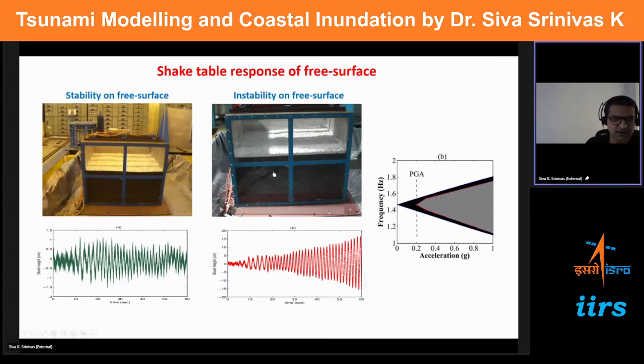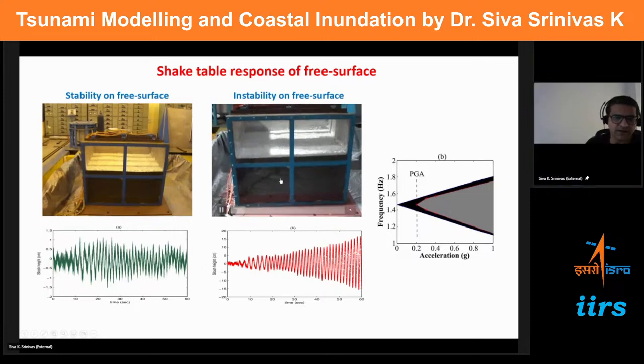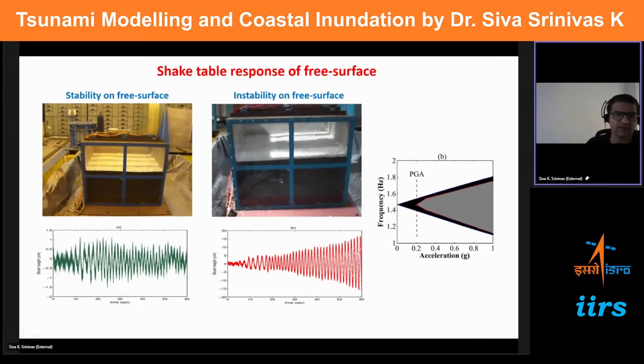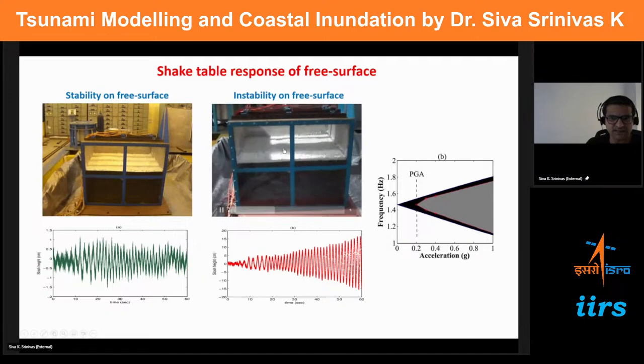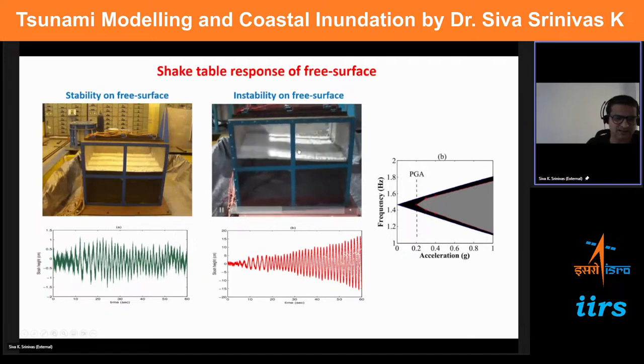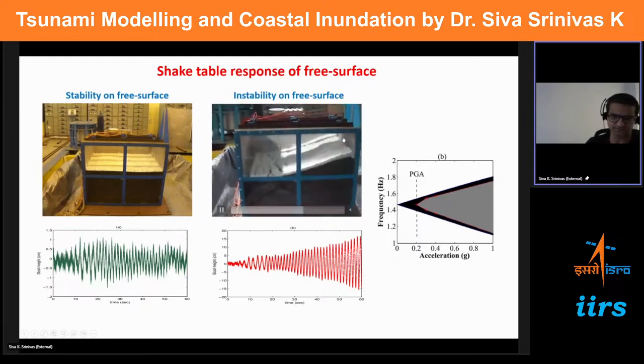Whereas in this example, the same tank is excited vertically, but with a different frequency and a different acceleration. Now you can see the disturbance on the free surface. There is a huge difference between this case and this case. The free surface is oscillating and the height is continuously increasing.